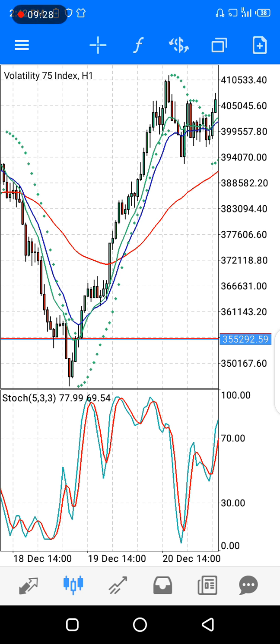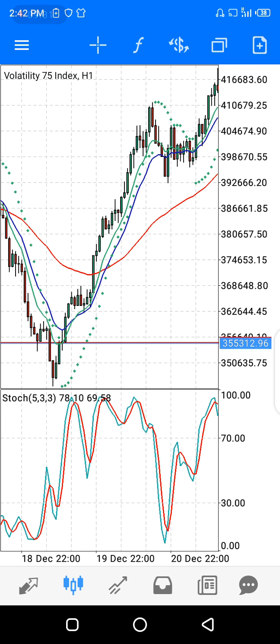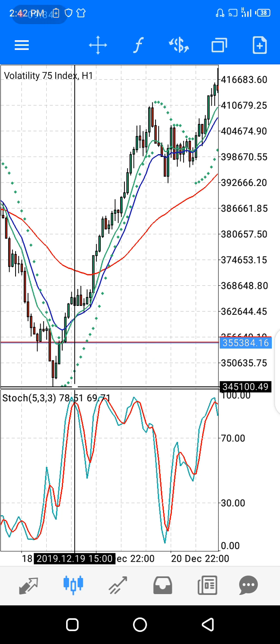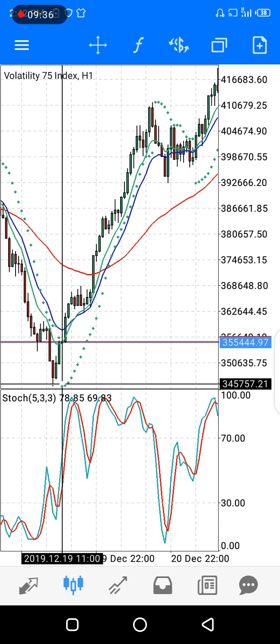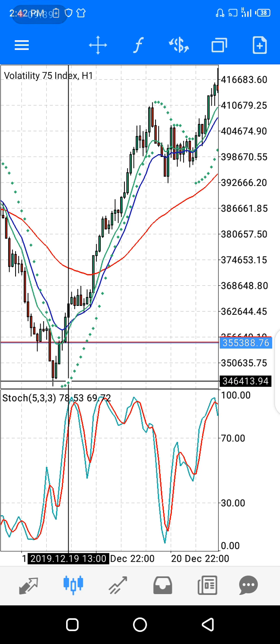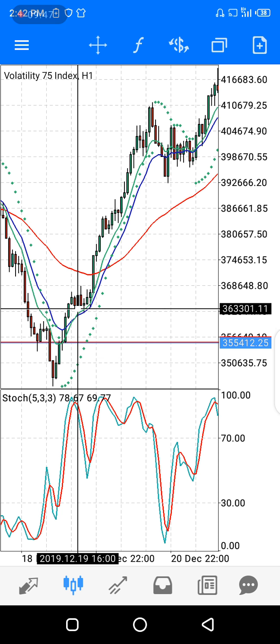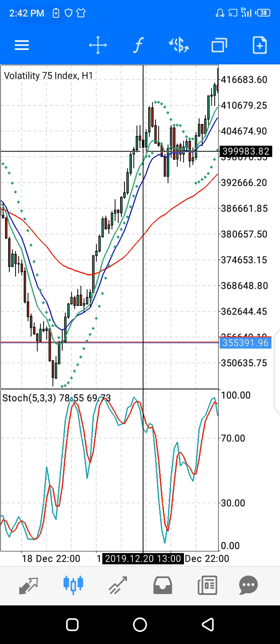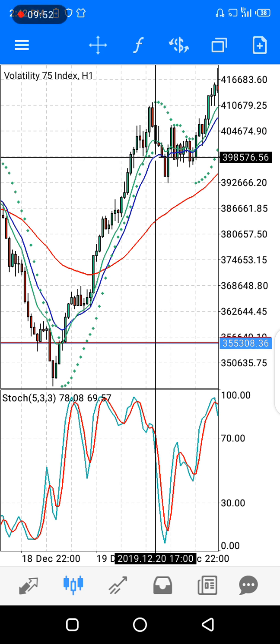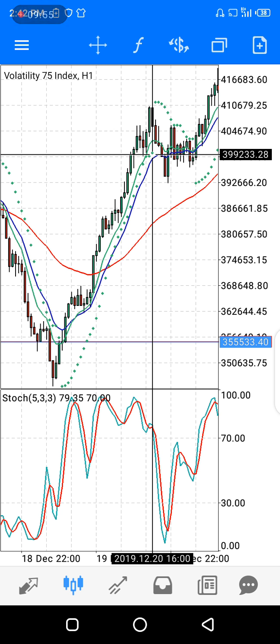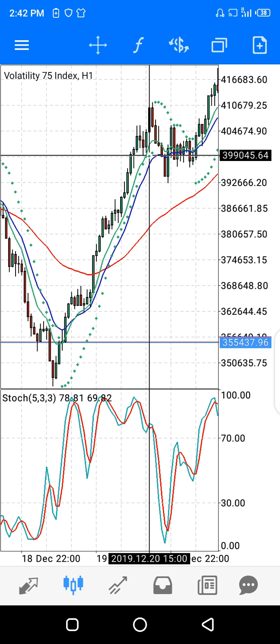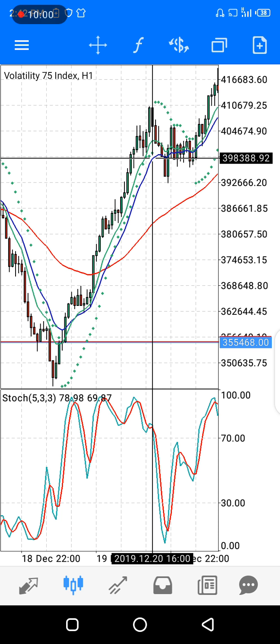You put a buy. And look at that. It bought all the way from this price. Look at the price here. It bought from this price all the way to here.